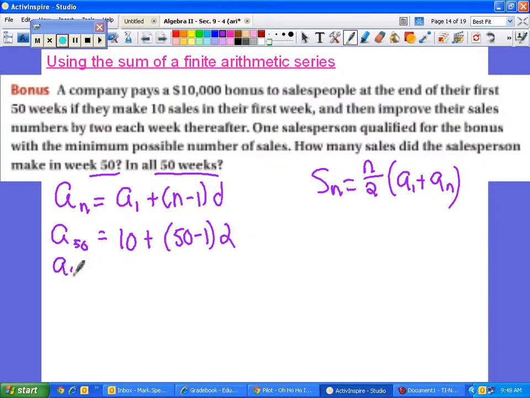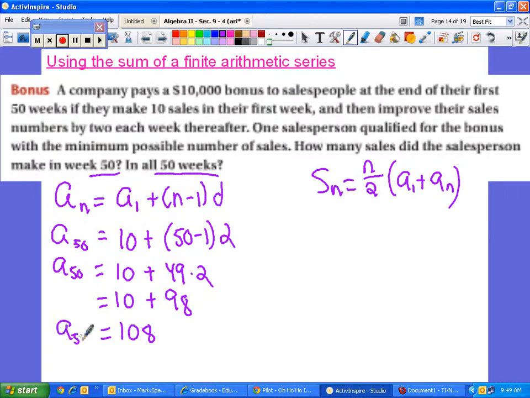So what is a sub 50? Well, 50 minus 1 is what? 49. So I get 49 times 2. 49 times 2 is 98. 98 plus 10 is 108. So that's the number of sales in week 50.